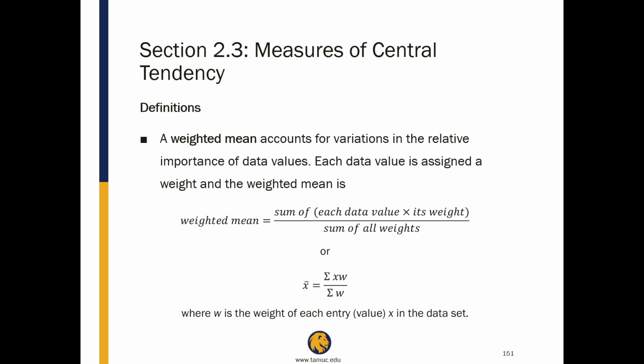Or symbolically, we write it like this: x bar equals sigma xw divided by sigma w, where w is the weight of each value x in the data set. And so what we're doing here is basically taking each weight w times the value x, multiplying them together, then adding them up, divided by the sum of all the weights.